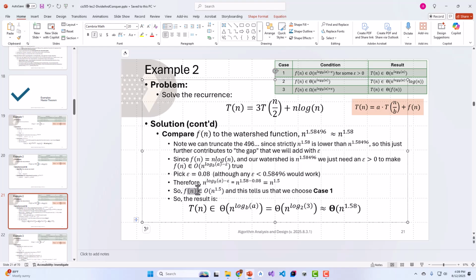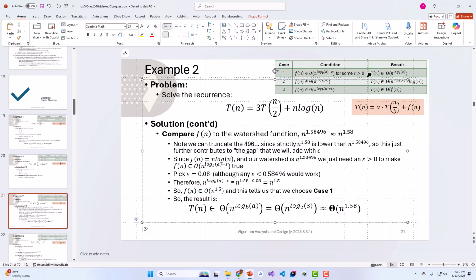Now, f of n is big O of n to the 1.5, because our f of n is n log n, and that is definitely bounded on top by n to the 1.5. So that tells us we choose case 1.